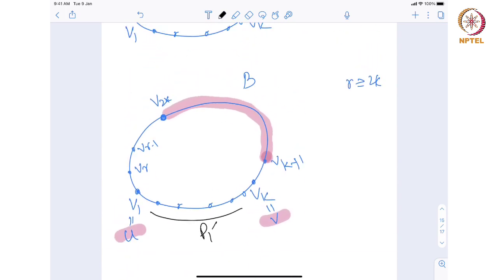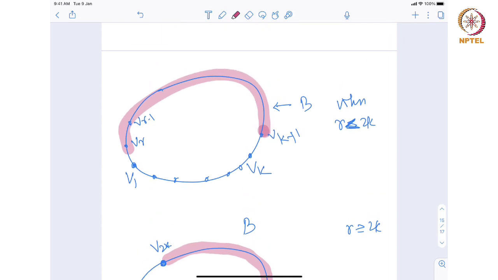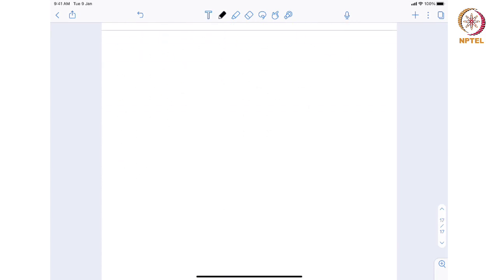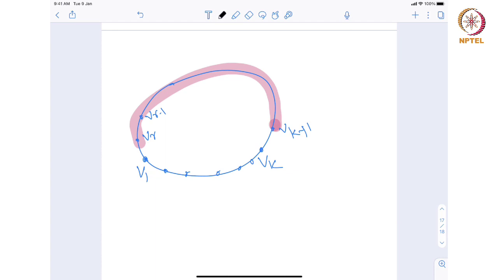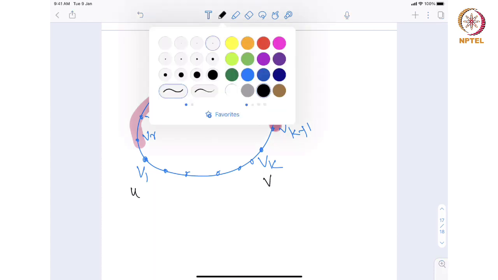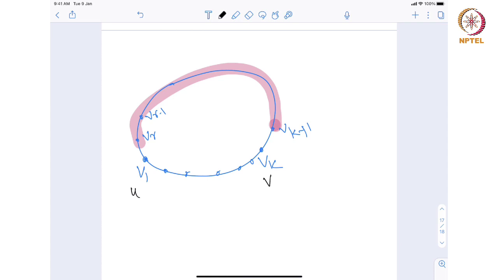So we are talking about this case. Look at this: this was U and this is V. I can find a replacement, maybe not this, but like this, of length k, but it is still disjoint from the red part.